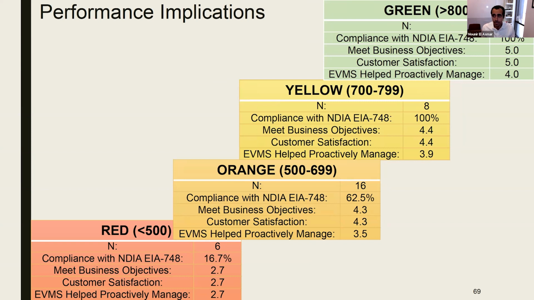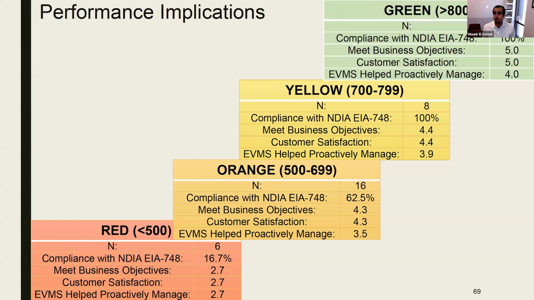We did include compliance. The projects in the green zone, 100% of them were actually compliant. So if you're at that level, it's pretty much a lock, statistically at least, that it's compliant. Even in yellow, 100% of these projects were compliant. Now, when we get into orange, it gets a little trickier. And in red, most of them were not compliant, as you can expect.